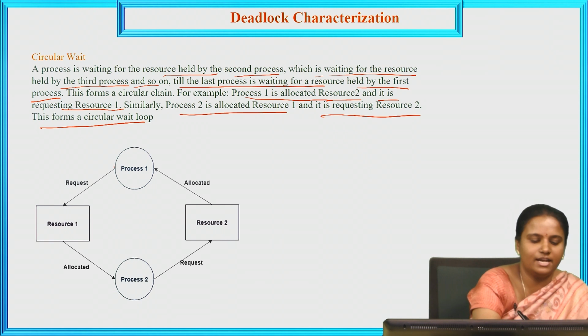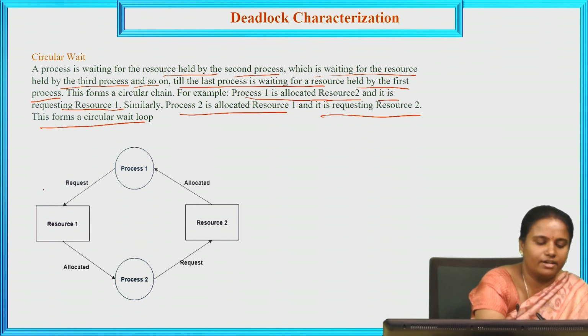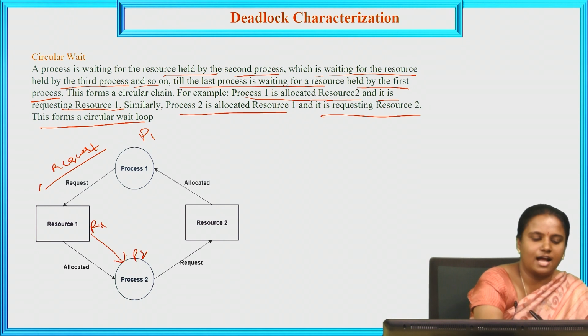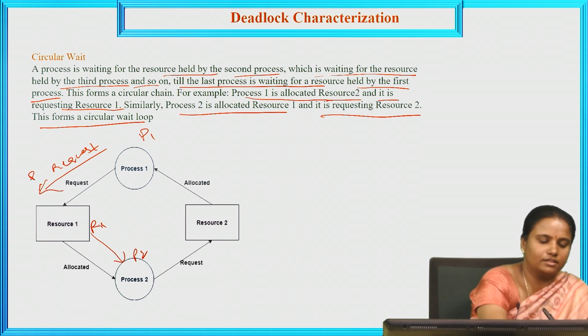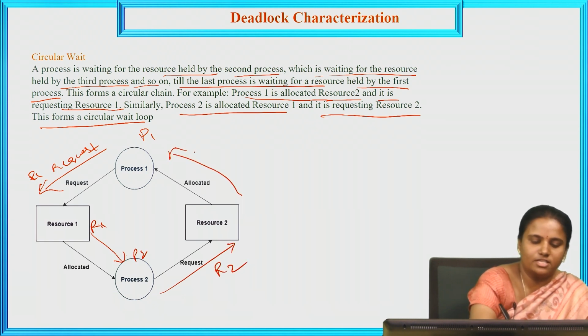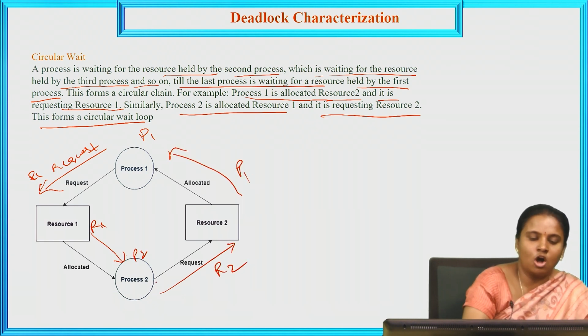So P1 is requesting R1, and R1 is allocated to P2. P1 is requesting R1 again, P2 is requesting R2, and R2 is held by P1. How is it happening?